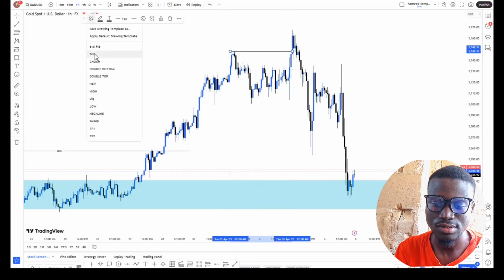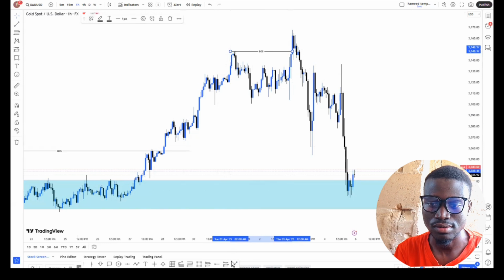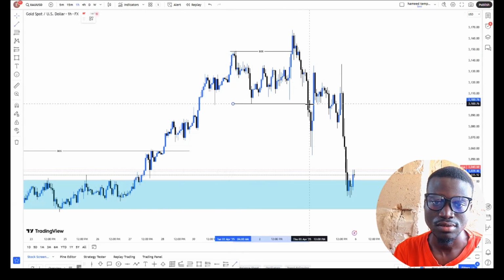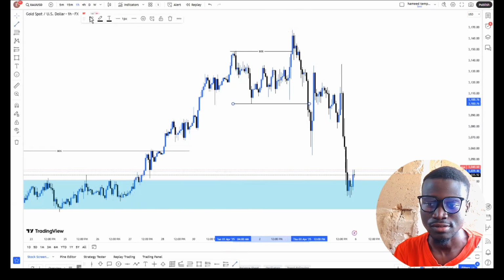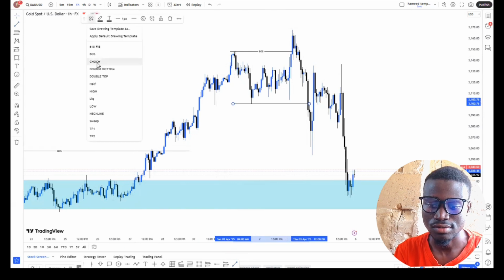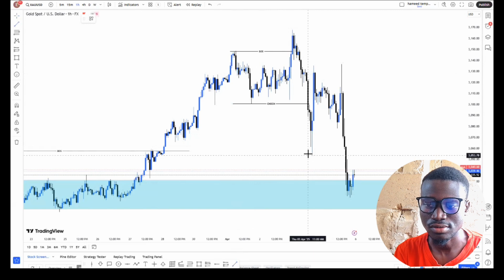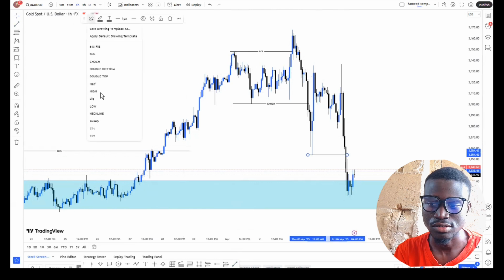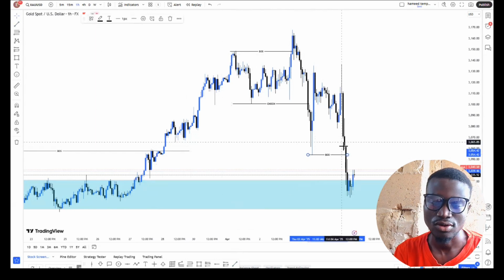Then after that, we have this change of character. Then we continue having this break of structure again. This break of structure again. So this is the last break of structure here on 1 hour.